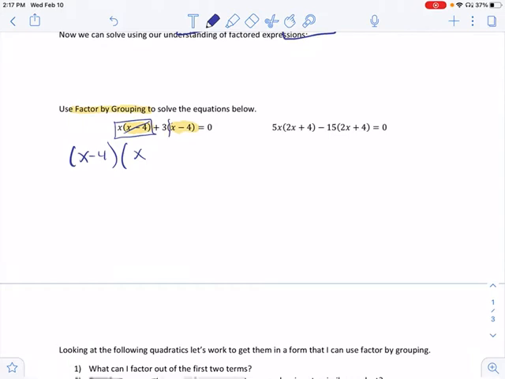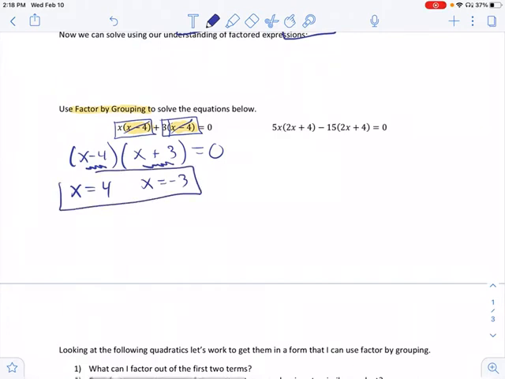And my second term, if I take away my x minus 4, I'm just left with a positive 3, and that equals 0. So I've changed the formatting so that now I can actually solve this. This is just a straightforward factored quadratic, so I can probably fast forward and jump right to x equals 4 and x equals -3, right? We're very used to those, ideally, at this point.